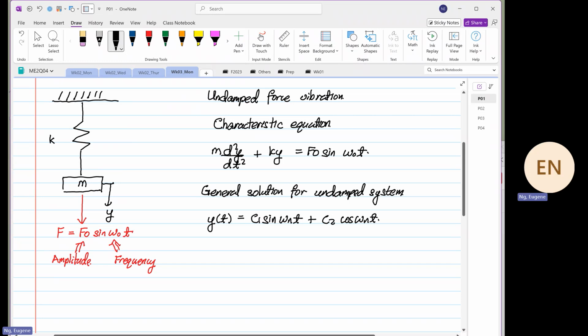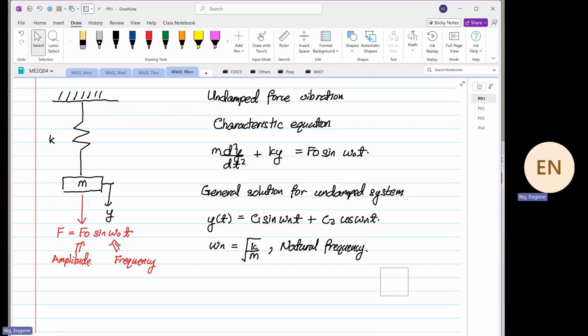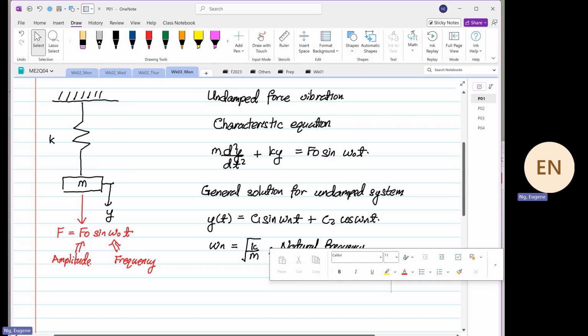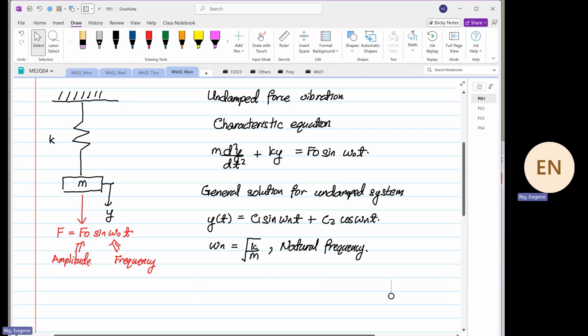And omega n is equal to square root of k over m. This looks familiar, right? This is known as our natural frequency. I'm going to call this equation number 1.